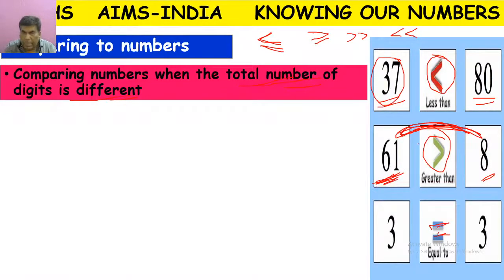The first number is greater than the second, so we use the greater than symbol. For 3 and 3, the first number is equal to the second number. Like that we can compare numbers.